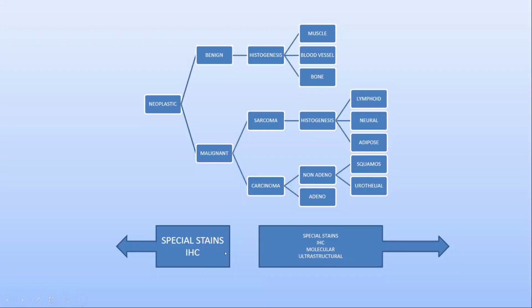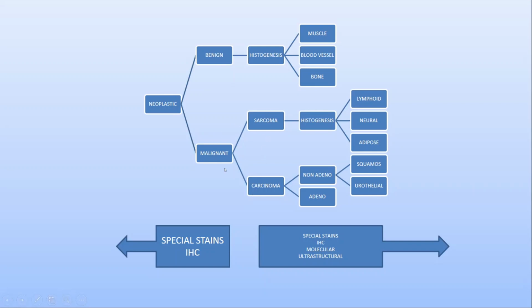The second slide is basically more detail of what I said before. When there's a neoplasm, you have to decide benign or malignant. When it's benign, you have to decide on histogenesis. This is where immunohistochemical staining would help, whether they are positive for blood vessel antigen, or bone and whatnot. If malignant, you have to decide again sarcoma versus carcinoma.